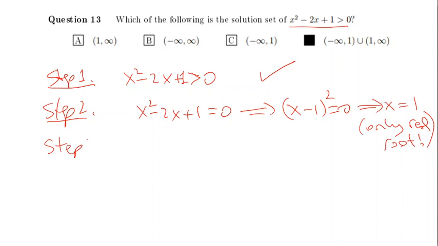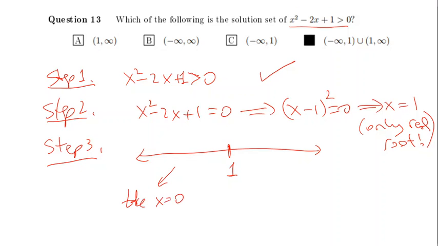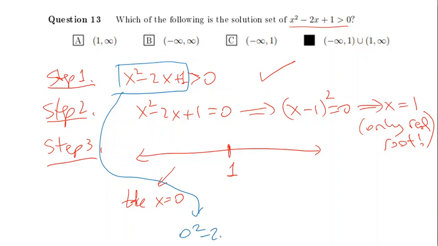Now step 3: you make the real line. It's 1 only, you put 1 only, and then you take numbers. Take x equal to 0 and plug it in: 0 squared minus 2 times 0 plus 1, which is plus 1.